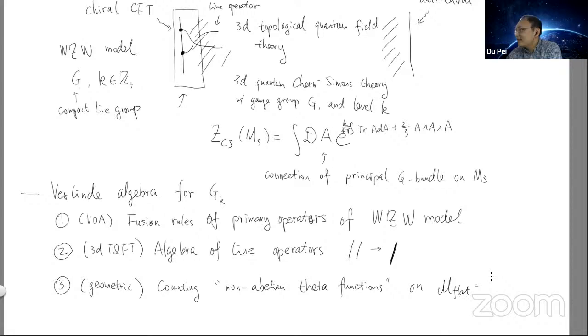This is the moduli space of flat G connections on a Riemann surface sigma. So to make the dependence on G and sigma explicit, I will write it like this.